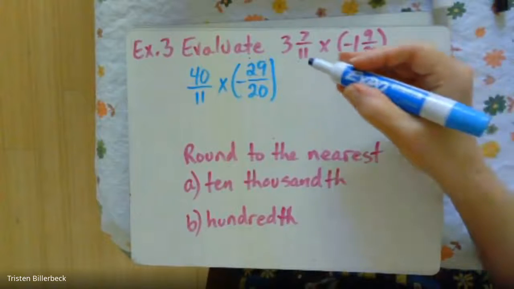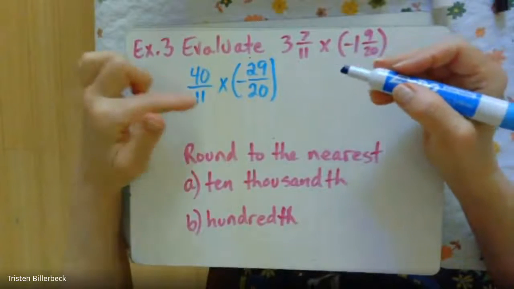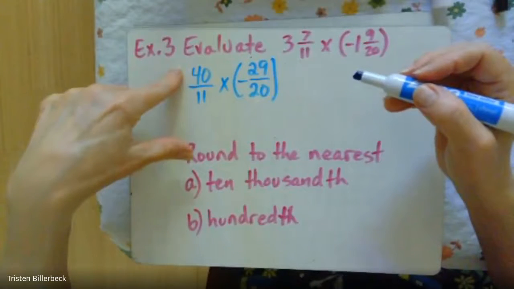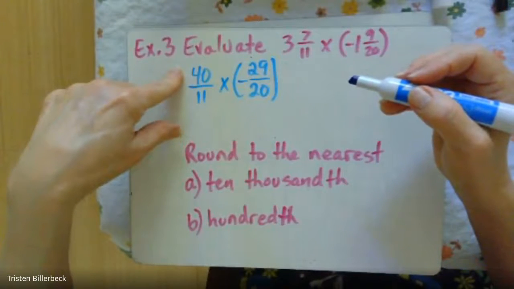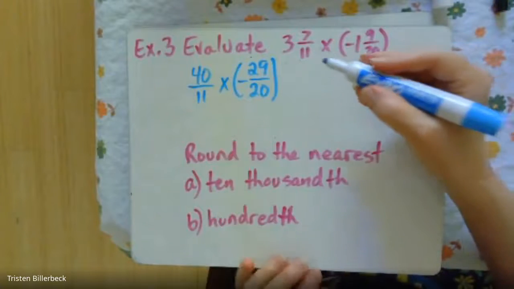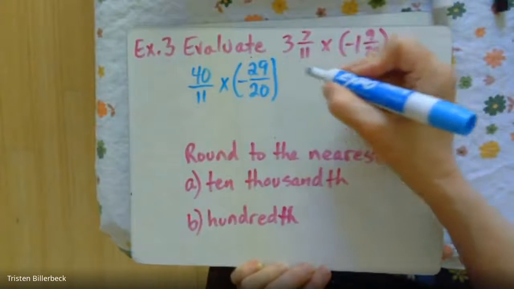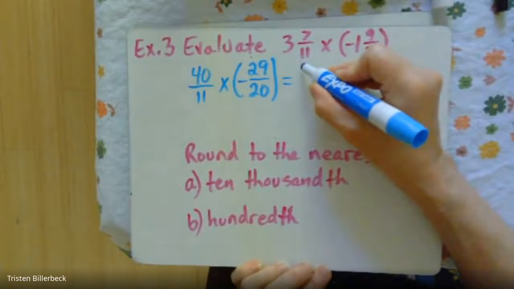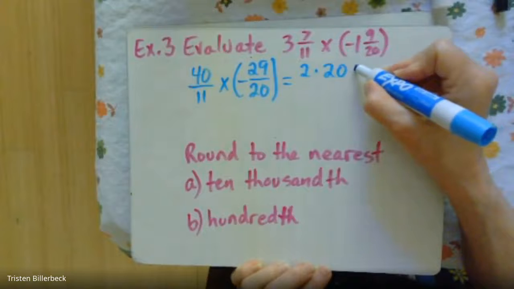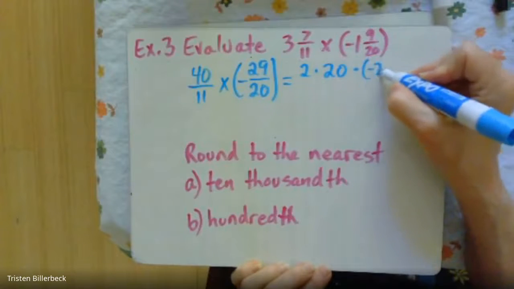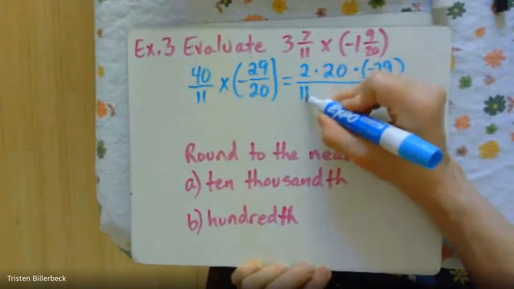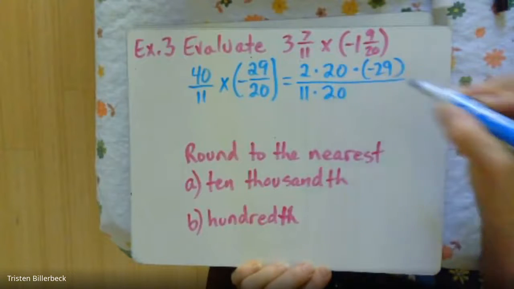Okay, so we can reduce this now if we see that this has a 20 and that has a 20 in it. In fact, let's do that because these are really big numbers. So we could rewrite this as 2 times 20 times a negative 29 over 11 times 20.